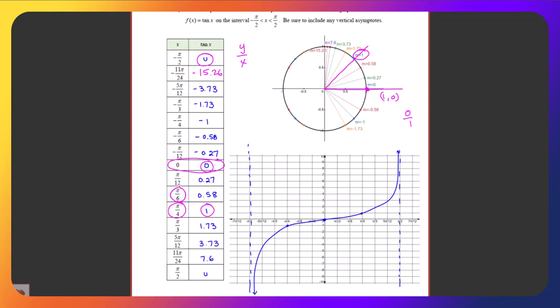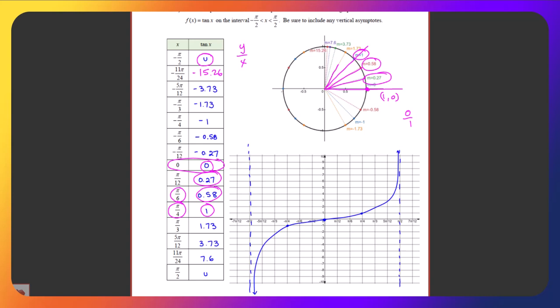Pi over 6 is like 30 degrees. Let's say that's about there, and that's 0.58. And then half of that is pi over 12, and let's say it's 0.27. Again, we don't have to be too exact here, just to get a sense of what's going on.